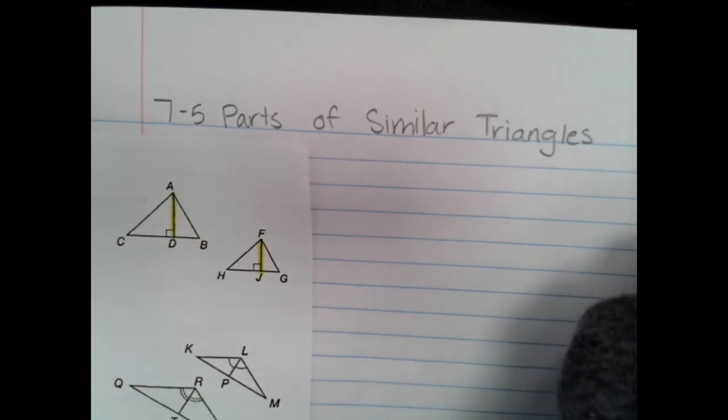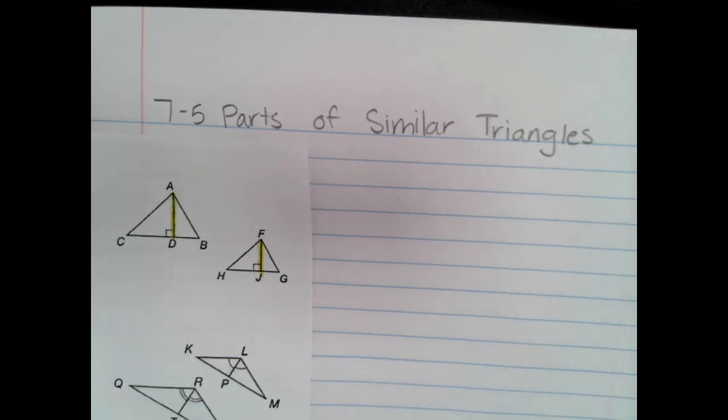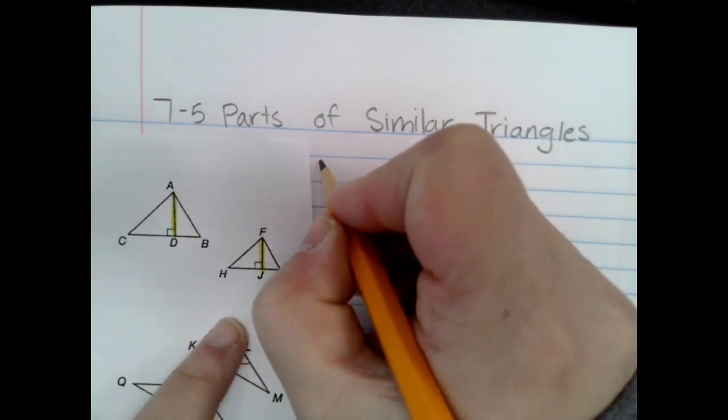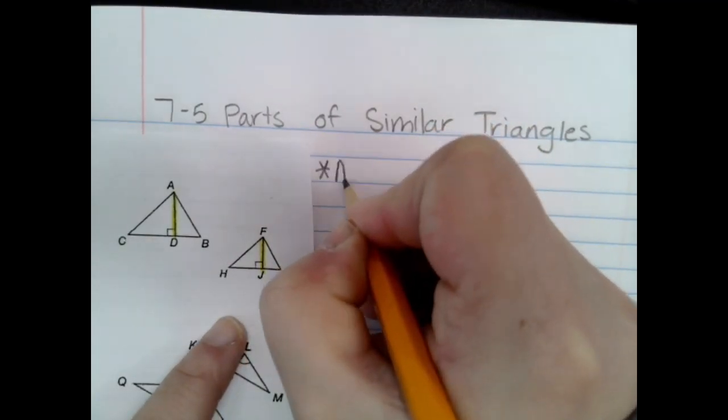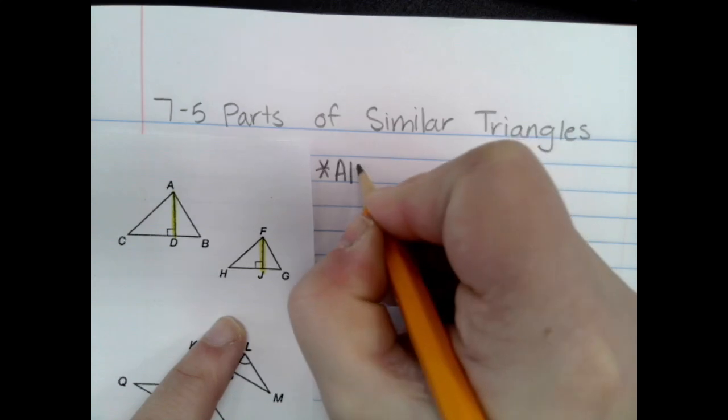So they're really kind of measuring the height of that triangle. This is called the, starts with an A. It's the altitude.